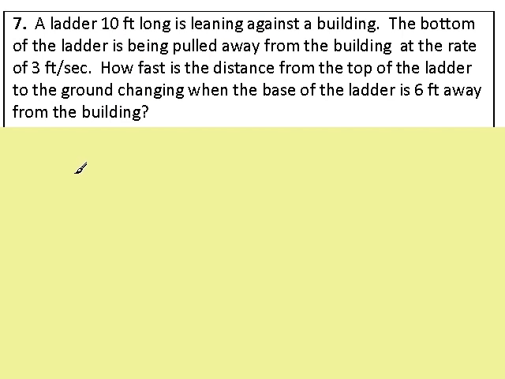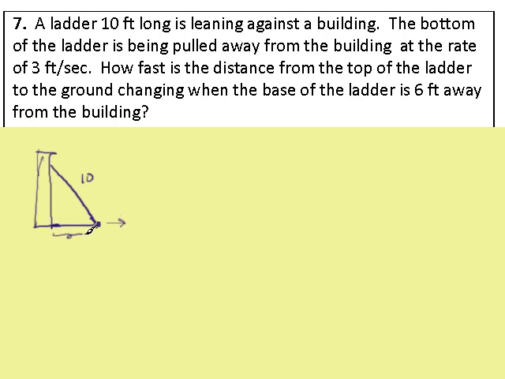Number 7, we have another related rate problem. So it reads, a ladder 10 feet long is leaning against a building. So let's draw that. So that's the building. There's the ladder. The bottom of the ladder is being pulled away from the building at the rate of 3 feet per second. So here's the bottom of the ladder, and it's being pulled away.